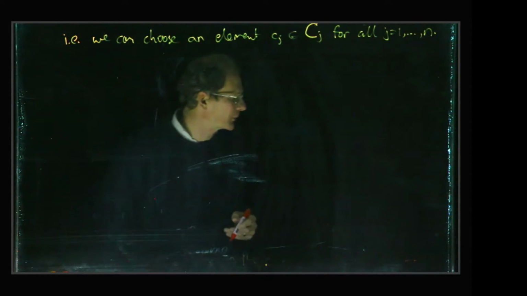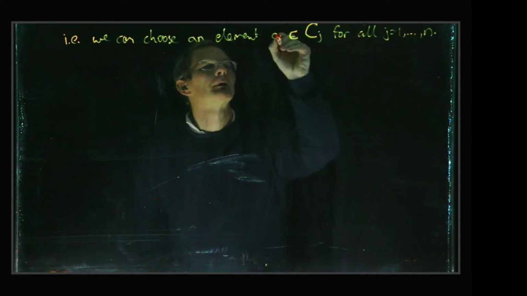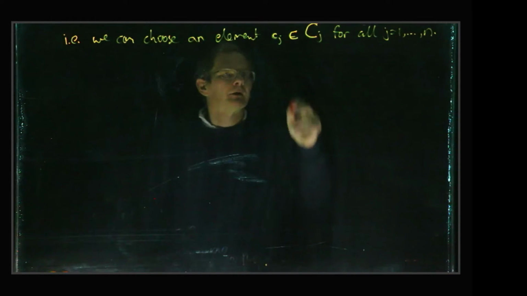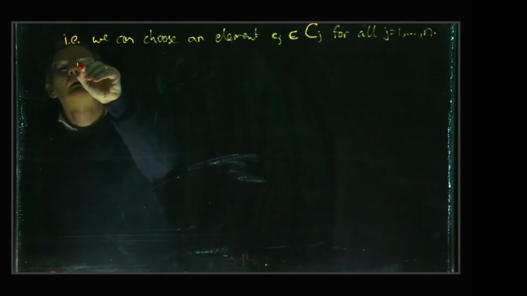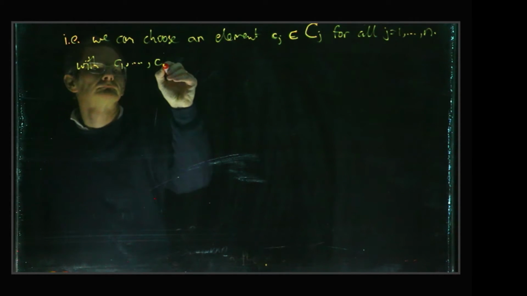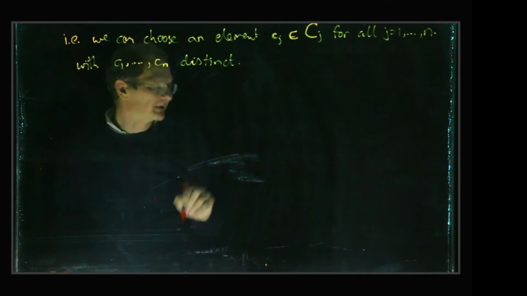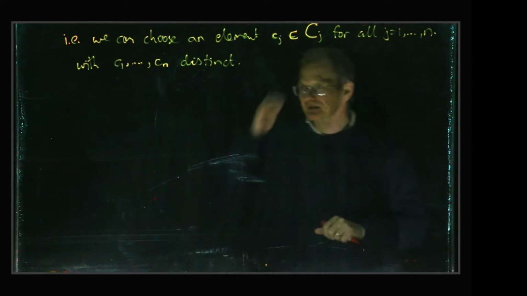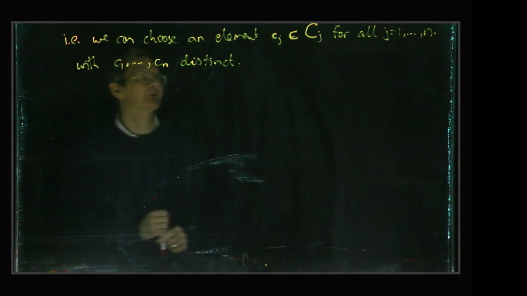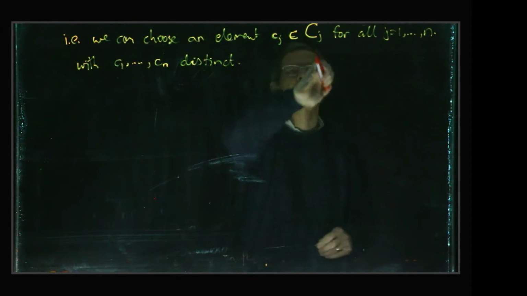In this kind of job allocation situation, CJ is going to be the person who's being given job J, and these elements all have to be distinct. In the job allocation situation, that's the condition that you don't give more than one job to the same person. Okay, so we've got these distinct elements, C1 up to Cn, lying in the sets CJ.